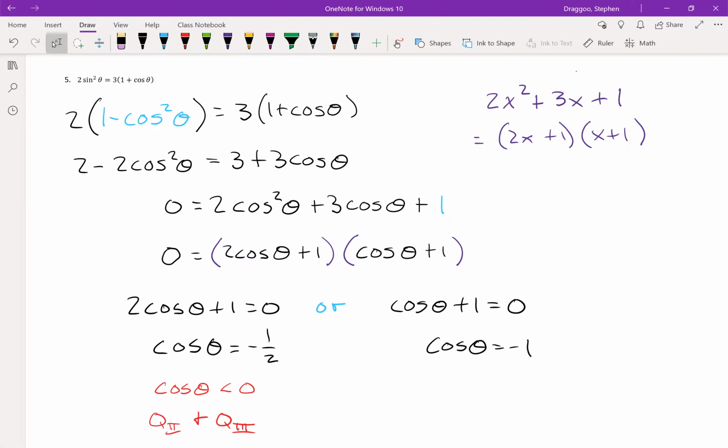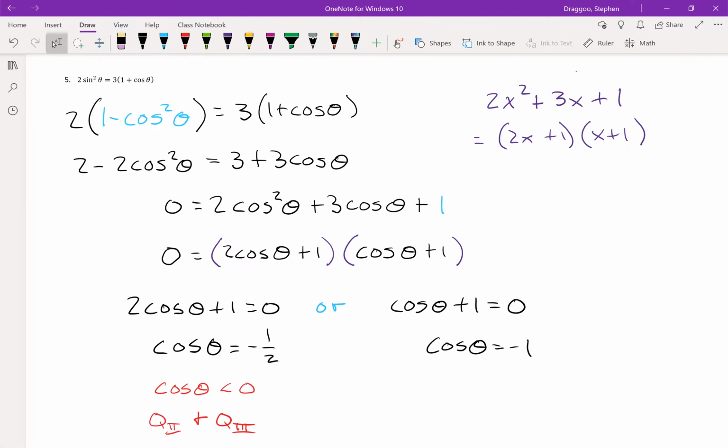If I'm factoring 2x squared plus 3x plus 1, that will factor to 2x plus 1 times x plus 1. And then simply replace x with cosine theta to get the factored version back here in line 4, which should be 2 cosine theta plus 1 times cosine theta plus 1.